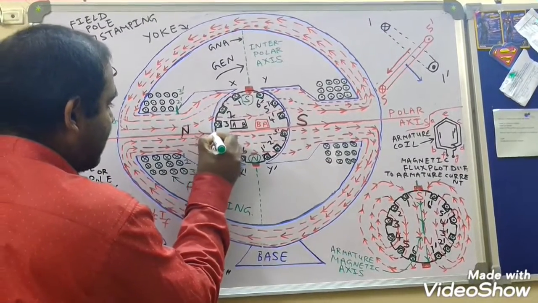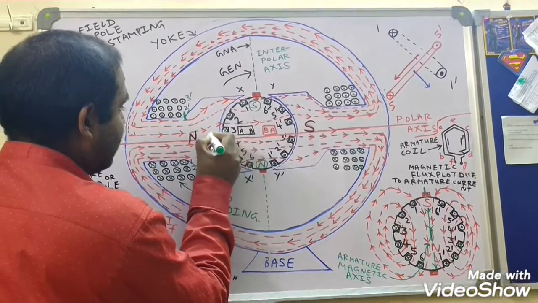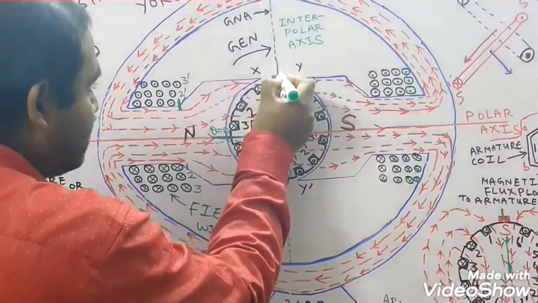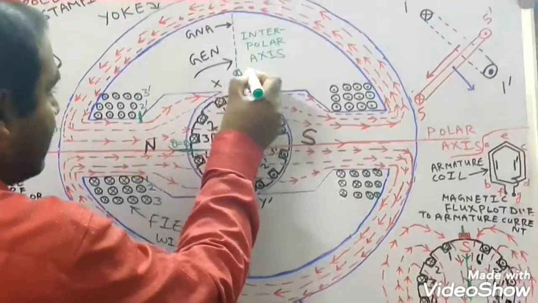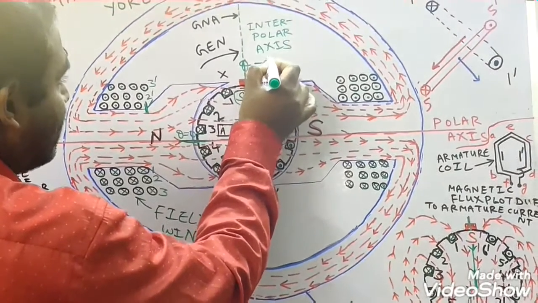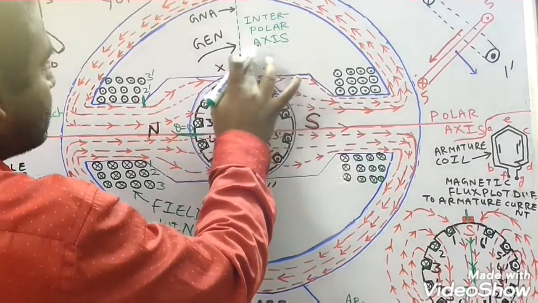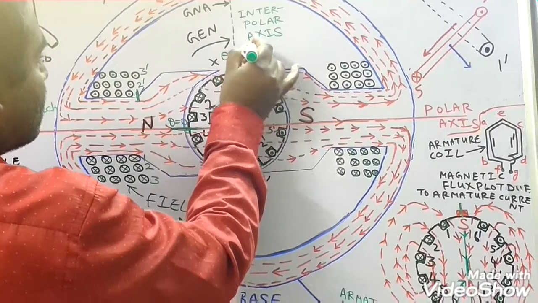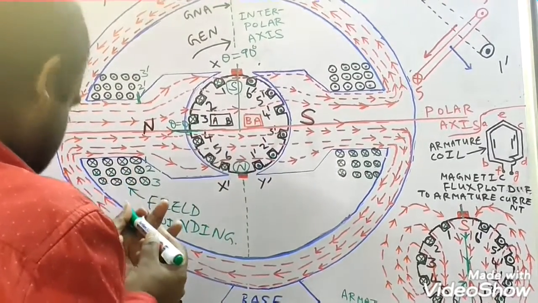So at this point, what is the value of theta? Theta is 0. Over here, what is the value of theta? Over here, theta is 90 degree. Isn't it?